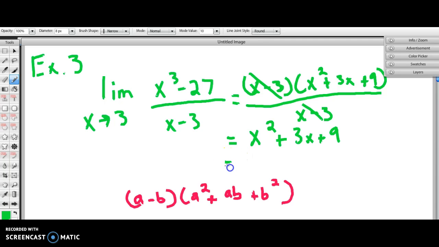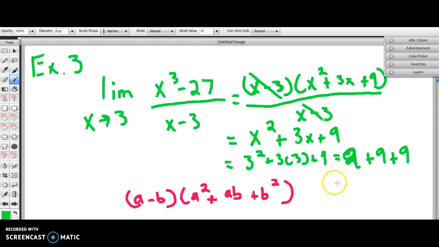We're going to get 3 squared plus 3 times 3 plus 9, which is 9 plus 9 plus 9, which is 27. So the limit as x approaches 3 of x cubed minus 27 over x minus 3 is 27.